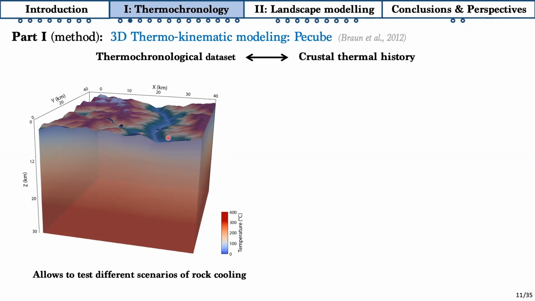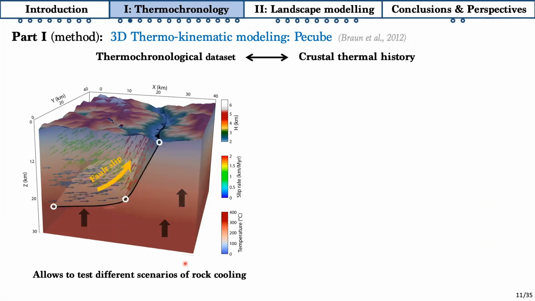In such a model with a specific thermal structure and topography, we can test different scenarios of rock cooling, which could be related to a regional block exhumation, or a fault slip movement, or to a river incision from an initial plateau.